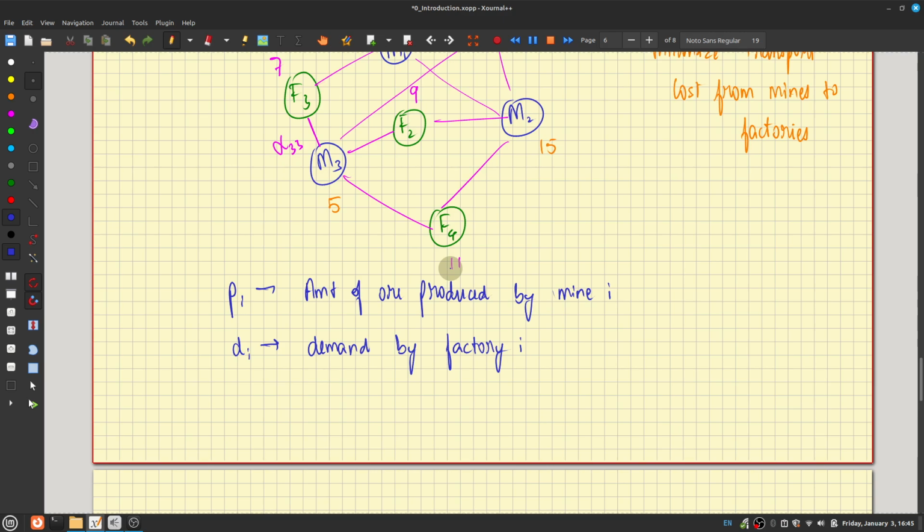So in this case, let's try to formulate a mathematical optimization problem. What are the variables? The first step is always identify what is in your control. What are the variables that are involved? Okay, so the amount of ore that can be sent from the ith mine to the jth factory.